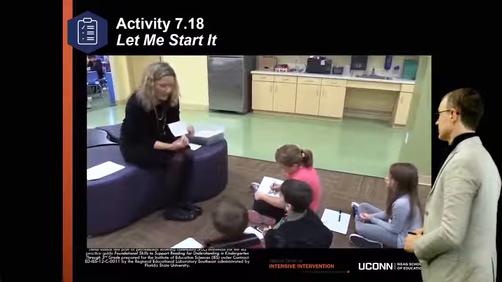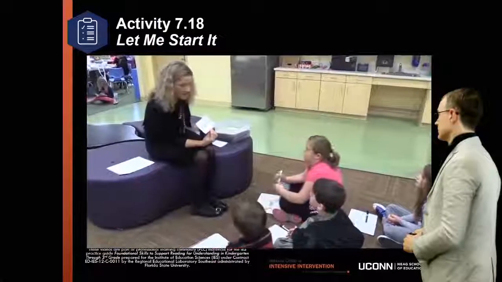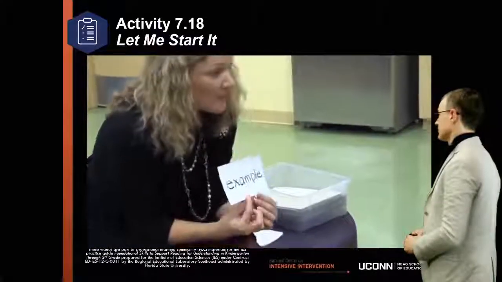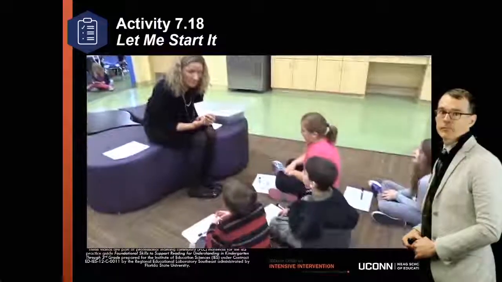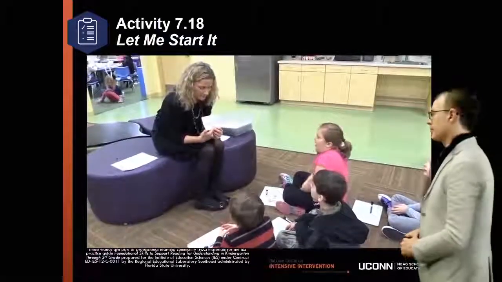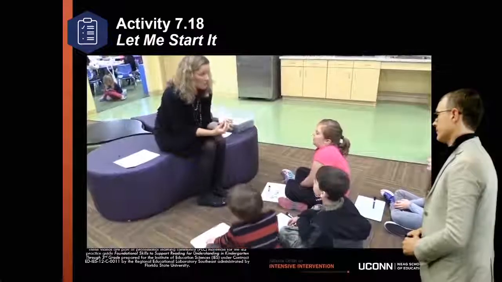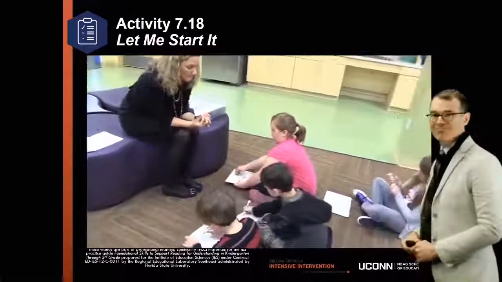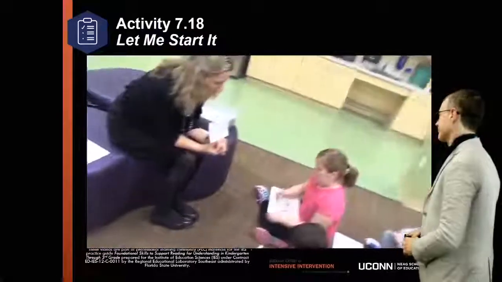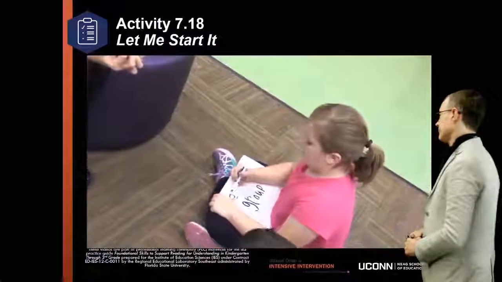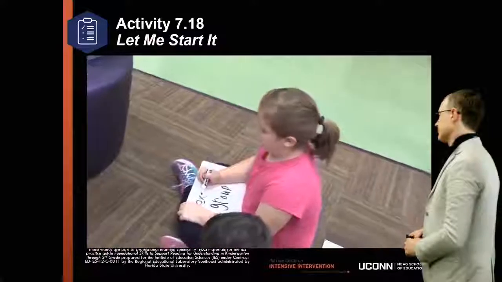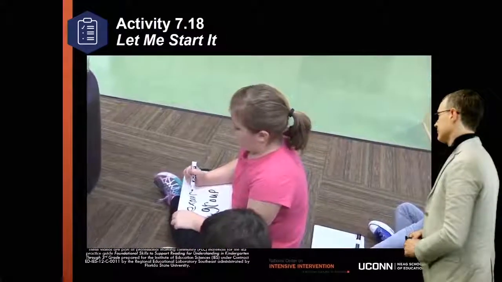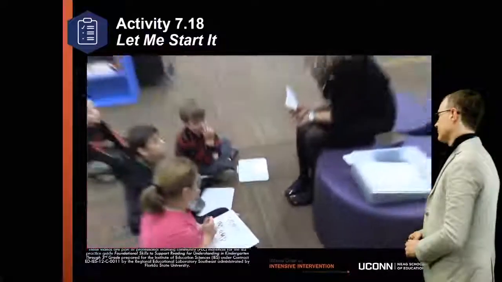Group. Good job. The new word, or the next word, is example. Say example. Example. Spell example. E-X-A-M-P-L-E. Good job. Write example on your whiteboard. What is the word? Example.